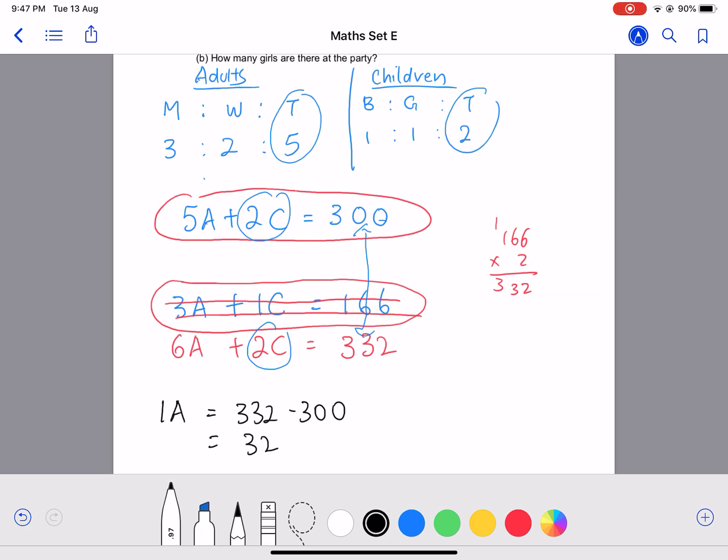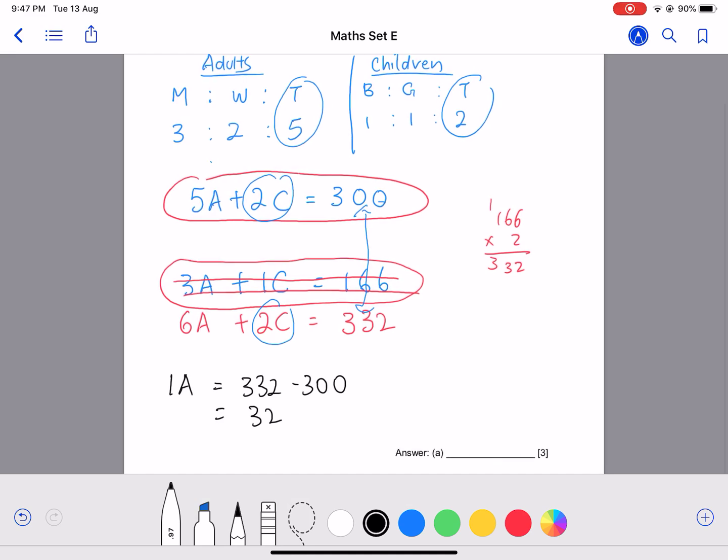Okay, now if you know that one adult is 32, one unit of adult is 32, and there's a total of 5 units for adults, right? From the ratio 5 units, 32 times 5, which will be 160.